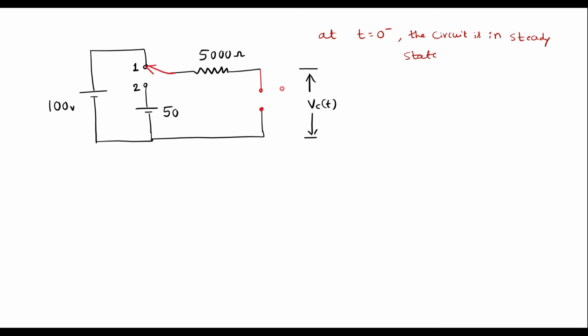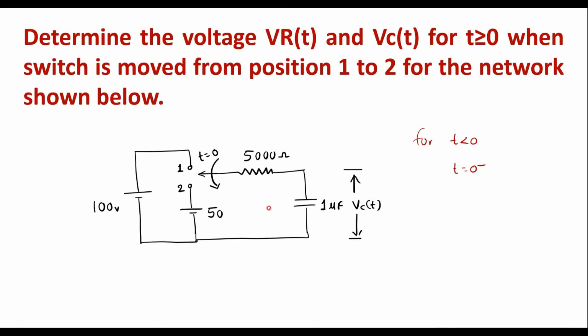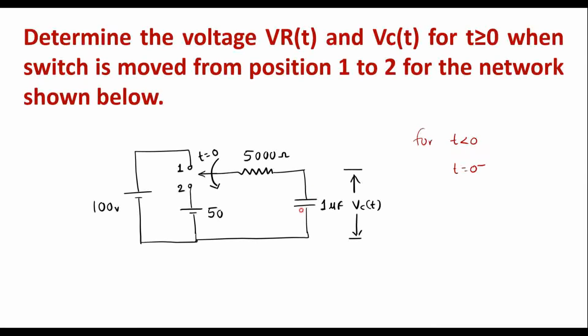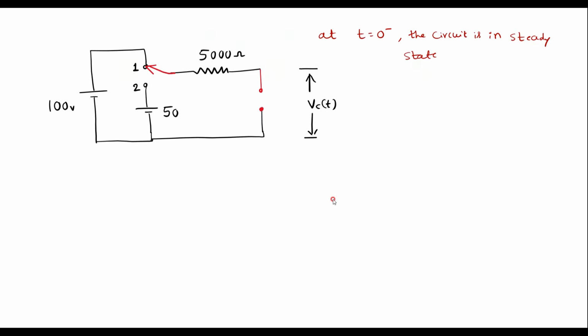So we know that at steady state, if there is an inductor, it acts like a short circuit. If there is a capacitor, it acts like an open circuit, and a resistor behaves the same. Therefore here I have shown the capacitor acts like an open circuit. So here I have removed the capacitor and I made it open.